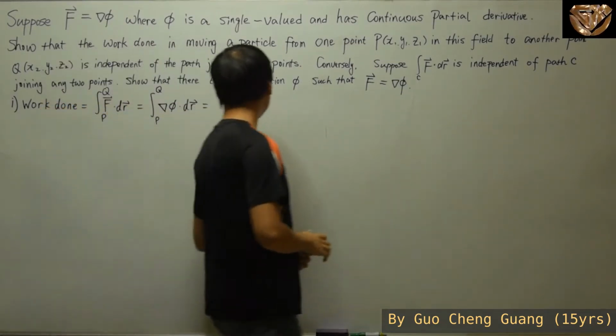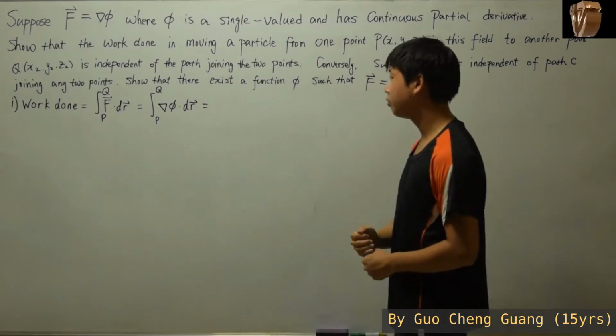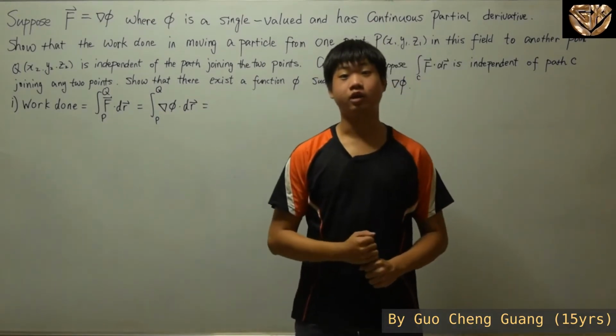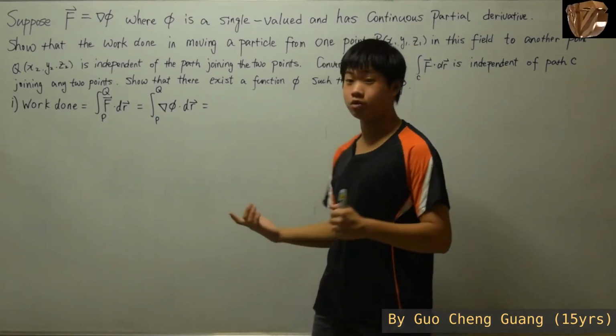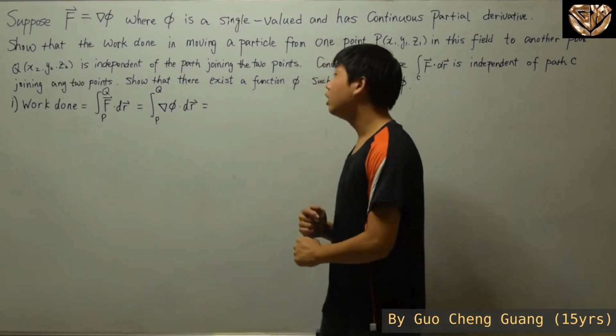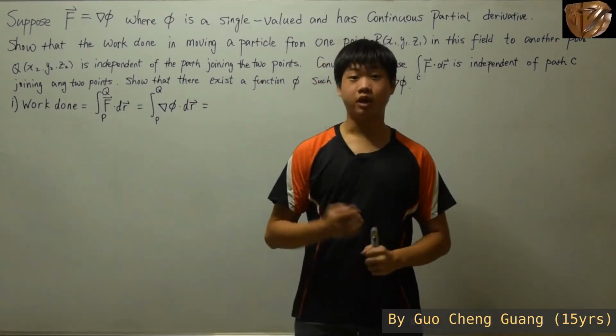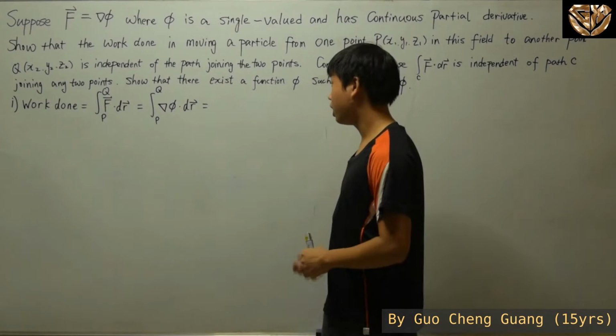How will this work? Now del, we already know what it is since we have shown it in previous lessons. We have partial x, partial y, partial z.